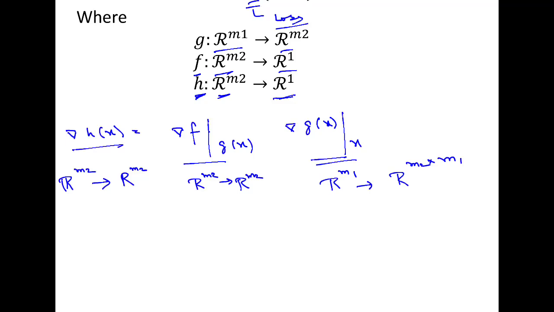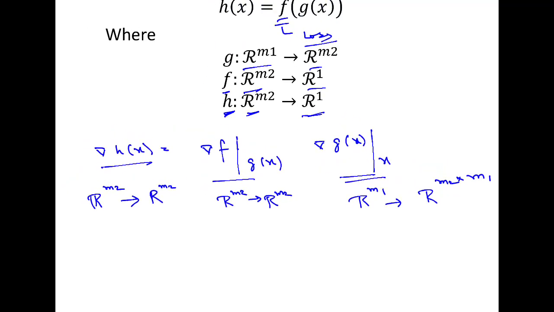But these products of these two terms, what will the product become? This will become, so this is M2 cross M1, this is M2. So this will become M1. There's a mistake somewhere, no?